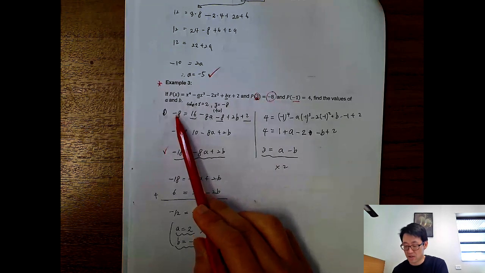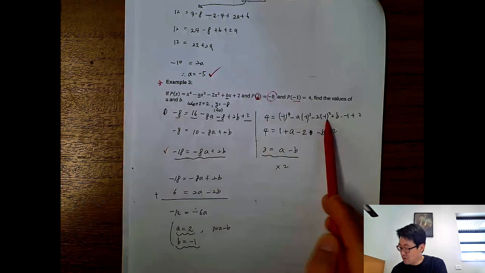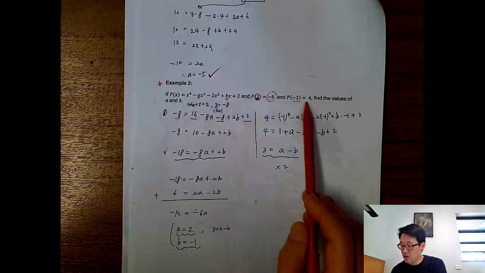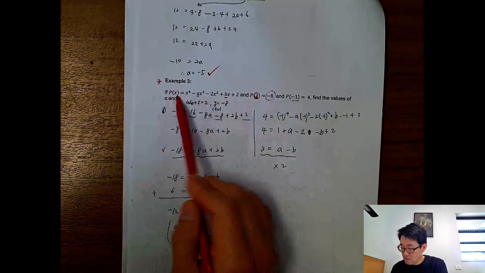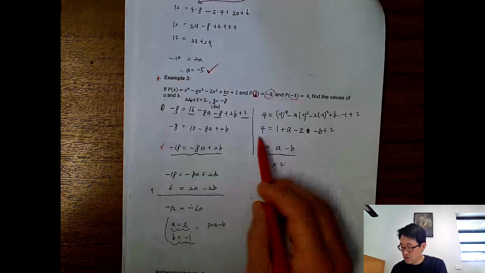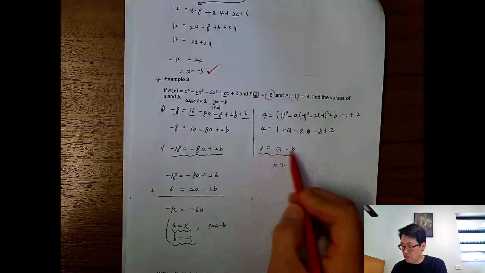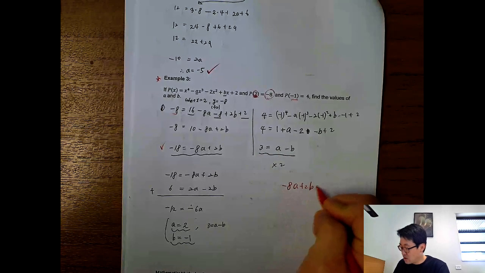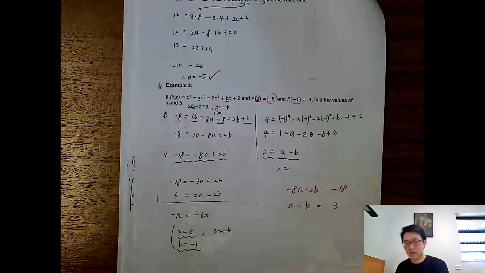This one, when x is minus 1, plug minus 1 into that original equation, our result is, px, we got 4. So simplify it, I get 3 equals a minus b. So I have minus 8 plus 2b equals minus 18, and a minus b equals 3.